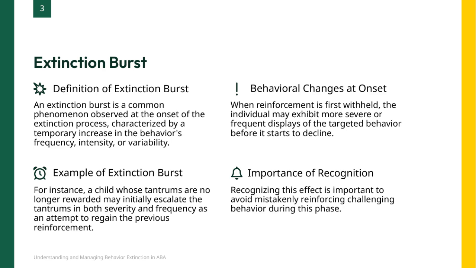A common example is a child whose tantrums are no longer rewarded. Initially, those tantrums may actually get worse and happen more often as the child tries harder to get that reinforcement back. Understanding and recognizing this extinction burst is crucial because without it, we might mistakenly think the behavior is getting worse and reinforce it, which would just undermine our efforts.